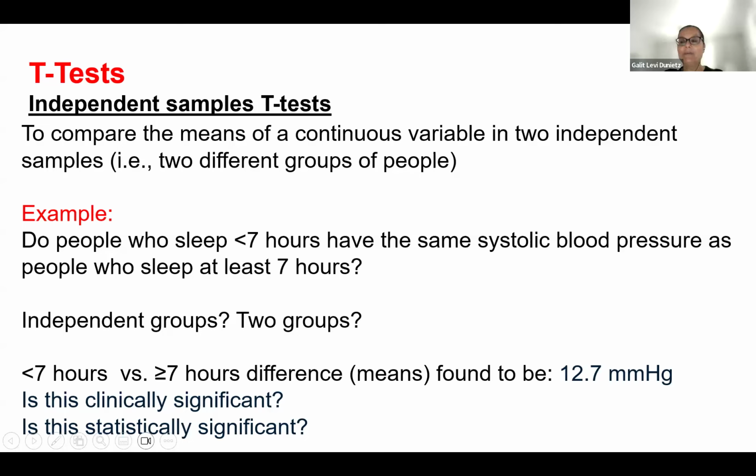This could be independent groups if we're measuring at the same time two different groups of people. It could also be the same person. You can look at the blood pressure of the same person when they have shorter sleep and compare it to a night that the person had at least 7 hours of sleep. So in that case, it is not independent.